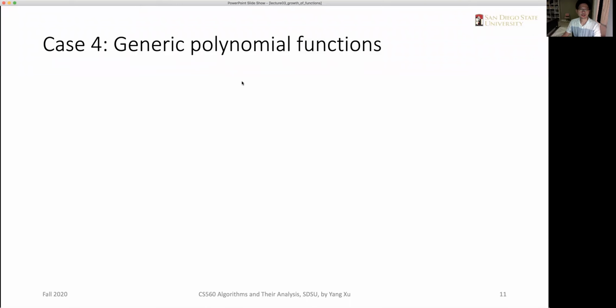And as an extension to the previous case, if the target function is a generic polynomial function, so now we're talking about even higher order polynomial terms.